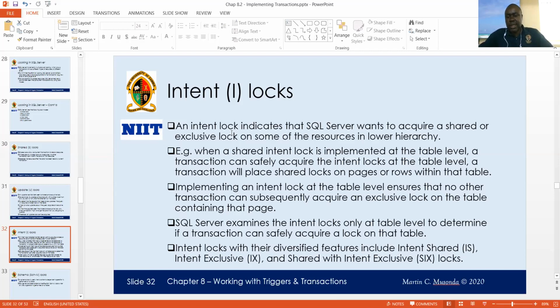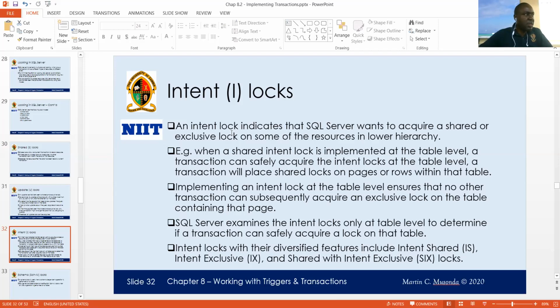Shared with intent exclusive means the resource is going to have the features of both shared and exclusive locks, meaning it's able to change depending on the statement being executed, from shared lock to exclusive lock.